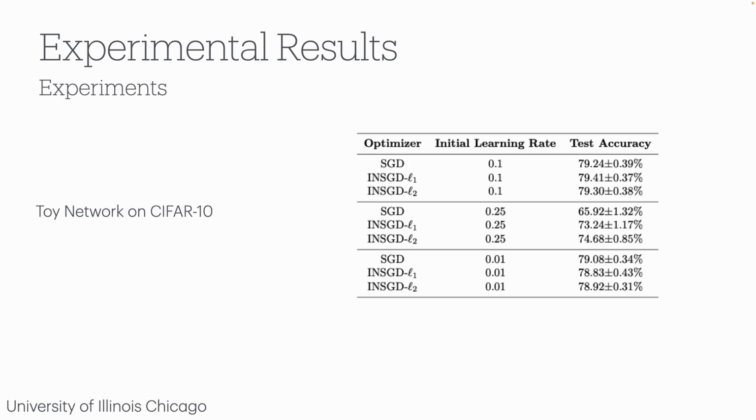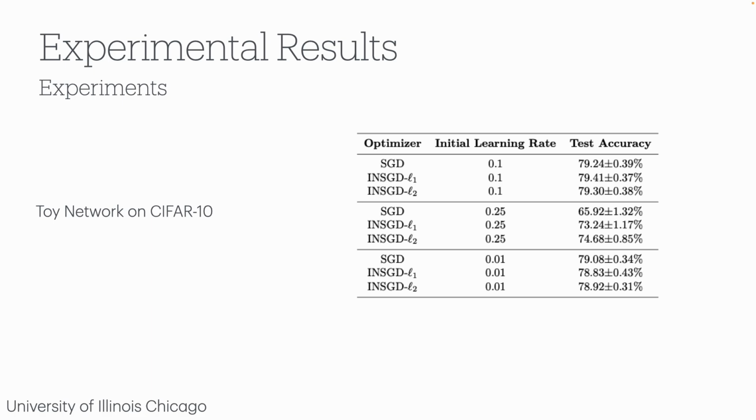In order to show the performance of INSGD, we also used a toy network with 4 convolutional layers. The objective is to understand whether the performance improvement is caused by INSGD or whether the models are too perfect to be trained with almost anything.